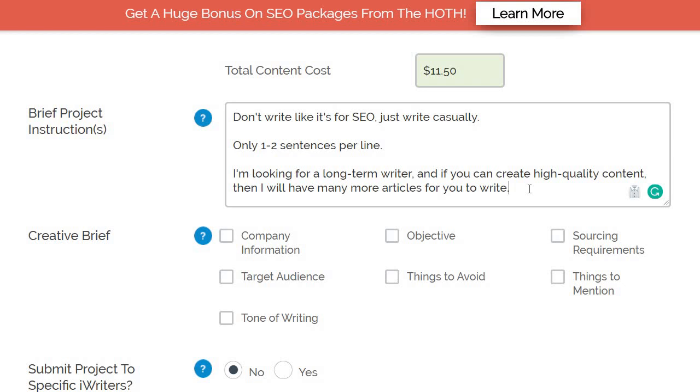So writing something like this can be very good, because if you put yourself in the shoes of a writer, they would love that. If they have steady articles coming in, they don't have to worry about fighting tooth and nail for all these other articles. That can really help them out. But only use that if you're planning on actually having a long-term writer. If you write that and then you do one article and then you're done, it's not going to be very beneficial. Okay?